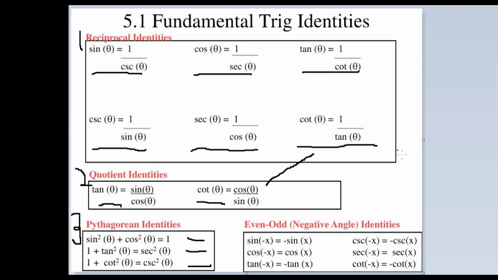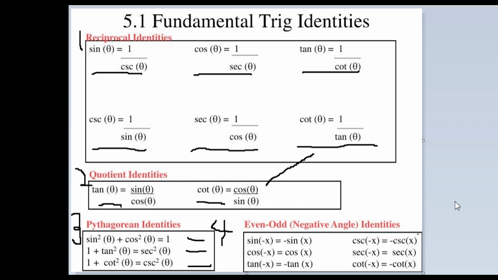The final set of trig identities are the negative angle identities, sometimes called the even-odd identities. Like with the Pythagorean identities, these are used in calculus in trig sub.